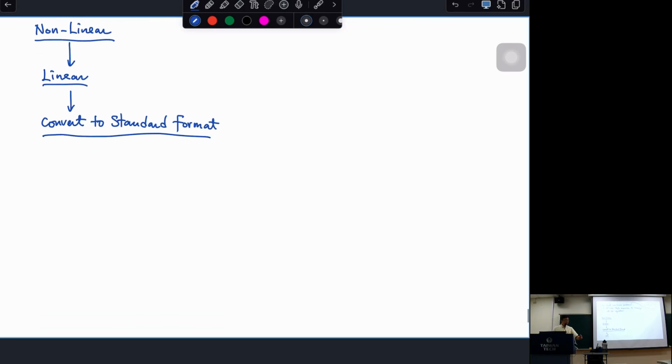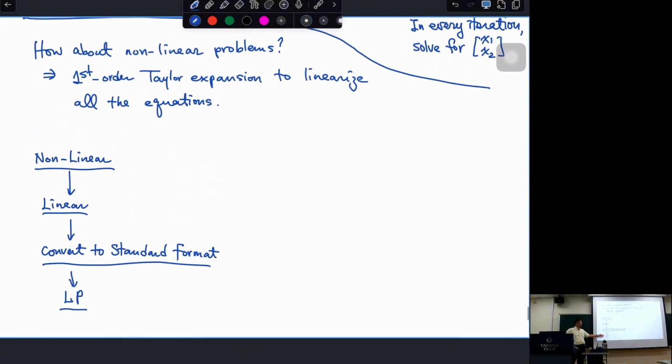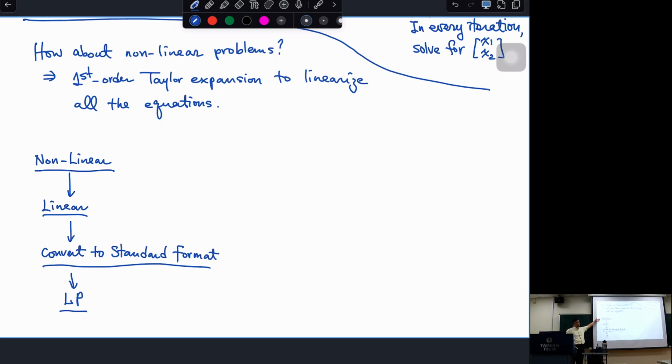So what's going to happen if you get the optimal solution of the linear programming? Is that the solution of your original problem? Actually, no, because right here you did an approximation. So here is a linear approximation. Starting from nonlinear, you make a Taylor expansion. That's a kind of approximation. You linearize the problem, convert to LP format, and solve it by LP. That solution is only the solution for your linear problem.